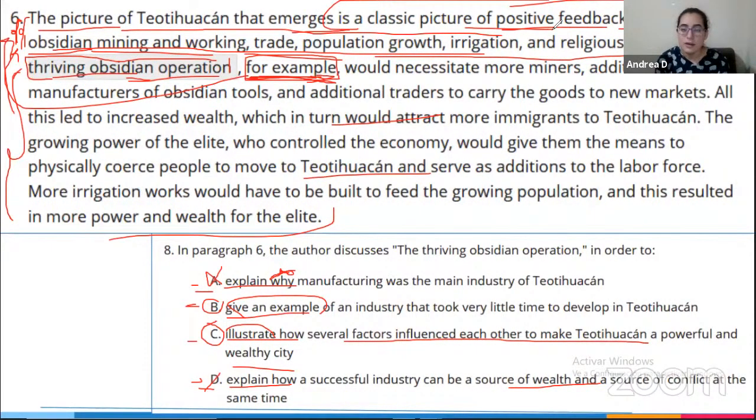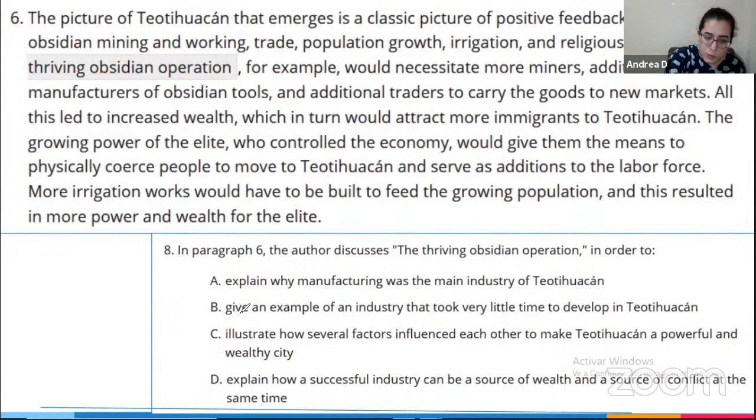You all get why? Any questions? Everyone gets why C would be the answer? Yep. So those are some tips I could give you. Look at the main idea and understand that everything is probably going to be supporting that main idea. All right.